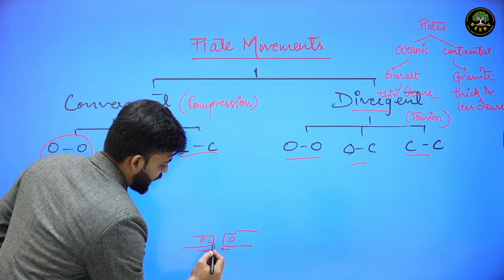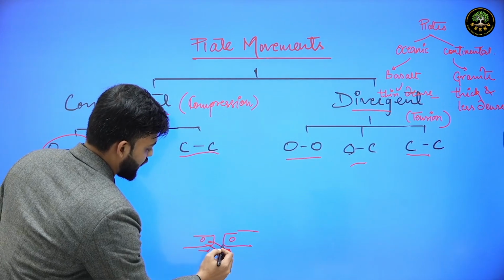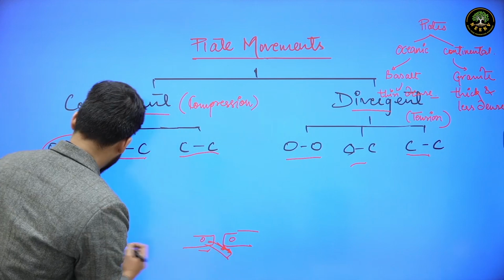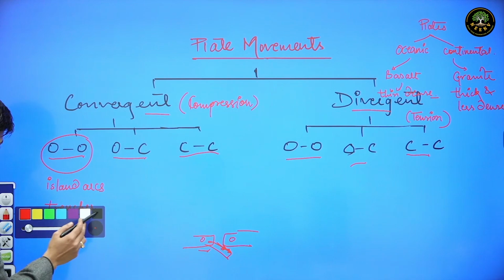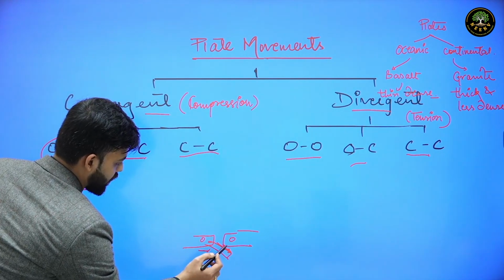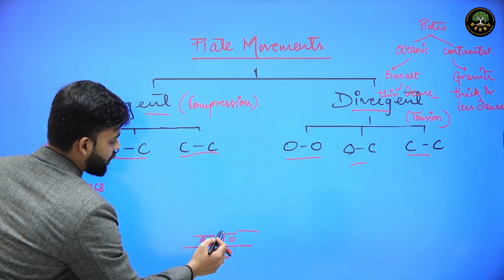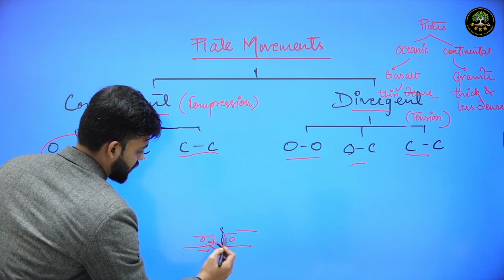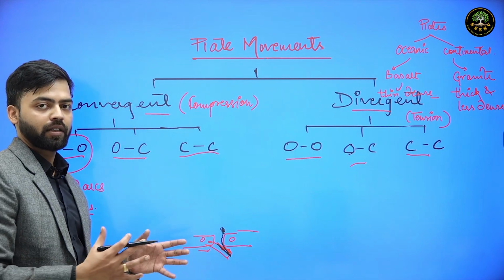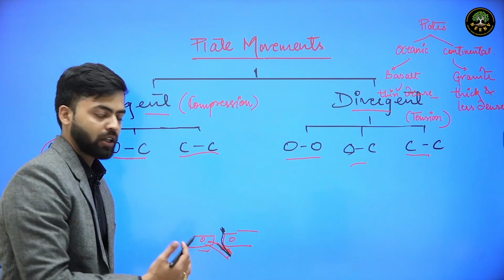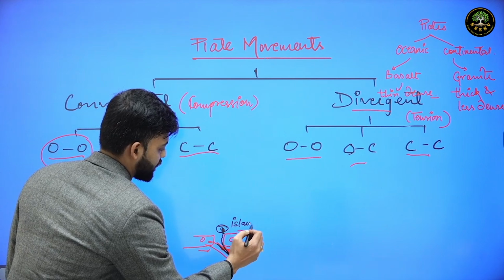Now one of the plates will go downwards when they collide. This results in trenches. So trenches will be formed here. Or because of accretion, when these plates collide, accretion is basically when materials are coming together. So because of accretion of materials, island arcs can be formed.